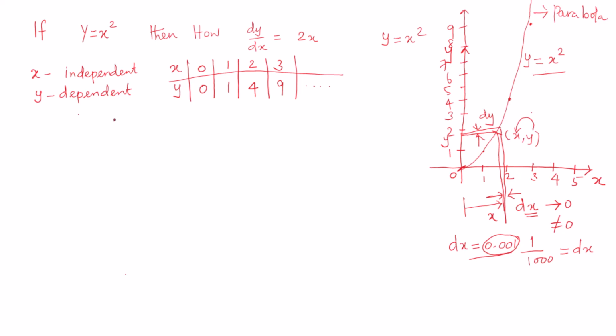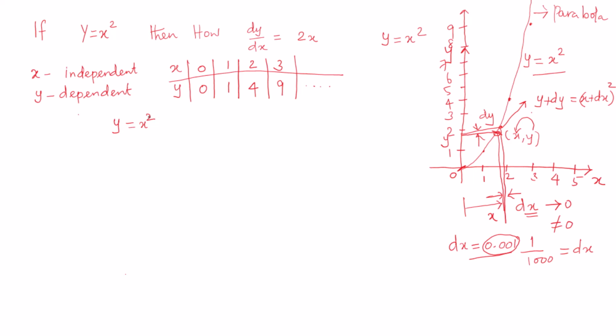So we will take the first equation, y equal to x square. At this point, y equal to x square. At the next point, x is increased by dx, so x plus dx the whole square, and y will be increased by some amount dy.